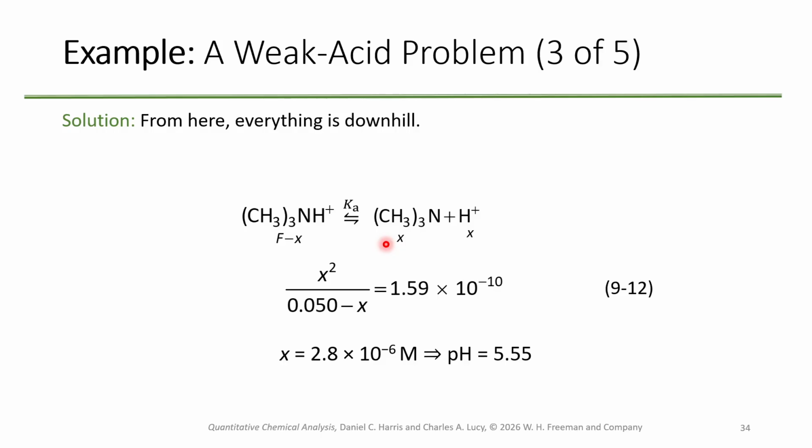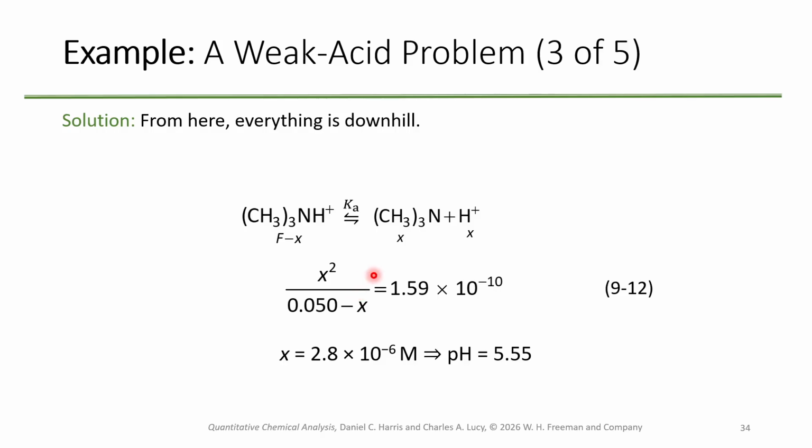Okay, and so we have this formula right here. If we go ahead and solve for this formula right here, what we're going to get is this value for x. Okay? Notice that if we solve this the long way, this is going to be the quadratic formula, right? Okay. We can make an assumption here if you want to try, which is that this minus x here will not significantly change the bottom number. Okay? If you make that assumption, you do have to test it later.